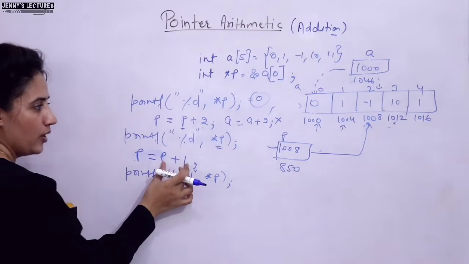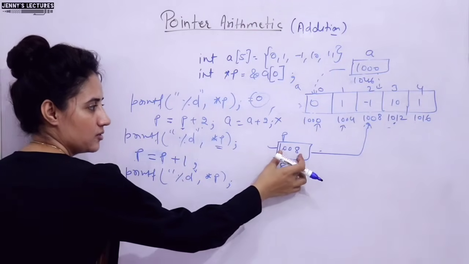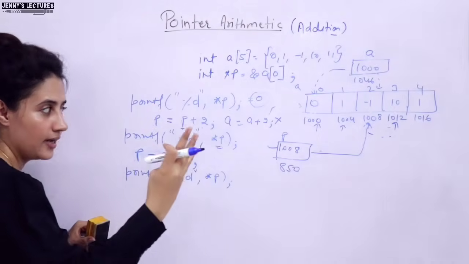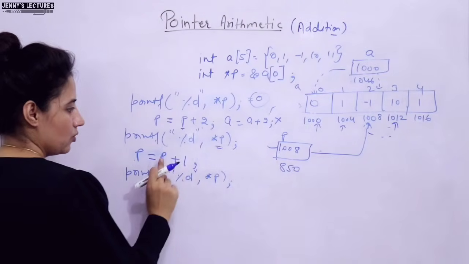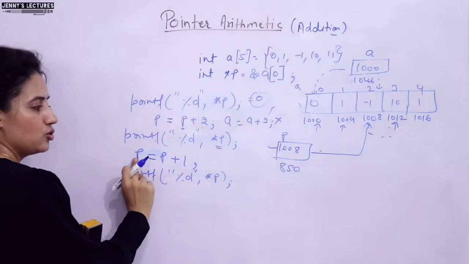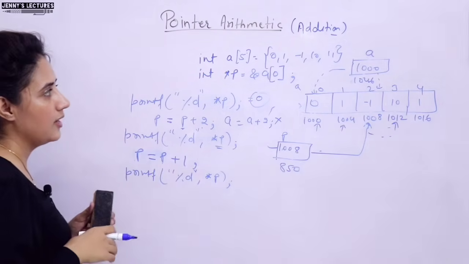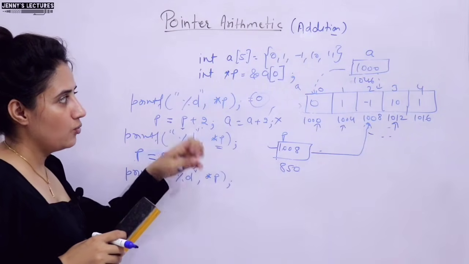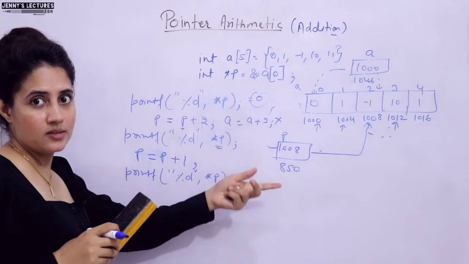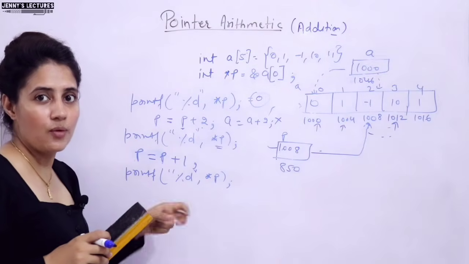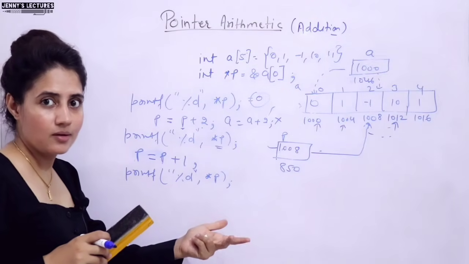Now P plus 1, P is this one, plus 1 means it will point to the next element. 4 would be added here, means it will contain 10, 12, and that would be stored now in P. So now if you print asterisk P, 10 would be printed, right? So I hope you got addition and the process behind the scenes, how this increment would be done, how addition would be done, sorry, right?